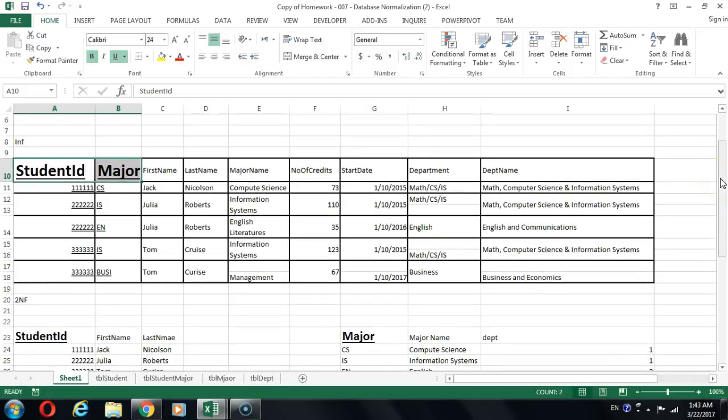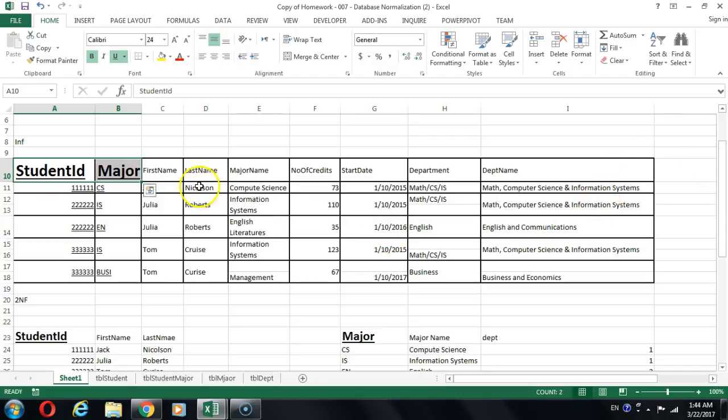No other non-key attribute is dependent on only part of the primary key. So if we see one piece of the other data, other than student's ID and major, that is not dependent on both of them, then we have to really deal with it as a partial dependency, because it's dependent on part of the primary key, not the whole primary key.